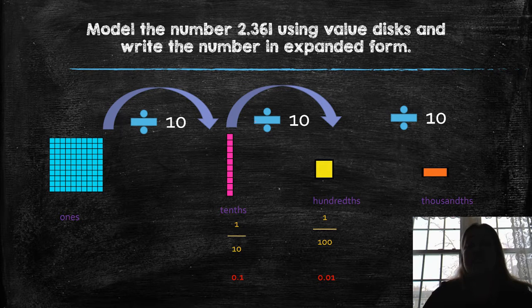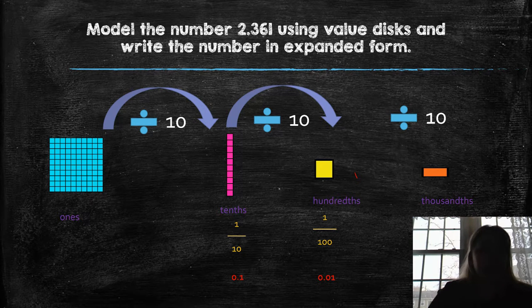If we take our tenths, divide that into 10, we wind up with our hundredths, which is 1 over 100, or 0.01. And then if we divide our hundredths into thousandths, we wind up with 1 over 1,000, or 0.001.